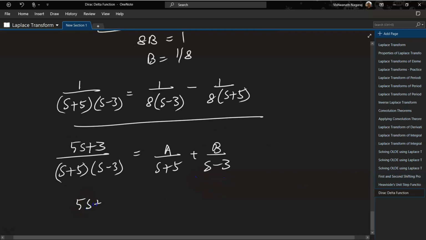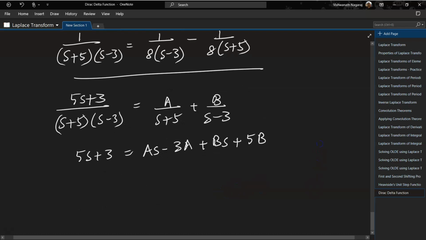So 5s + 3 = As − 3A + Bs + 5B. Again, equating the coefficients of s, we get A + B = 5, and −3A + 5B = 3.